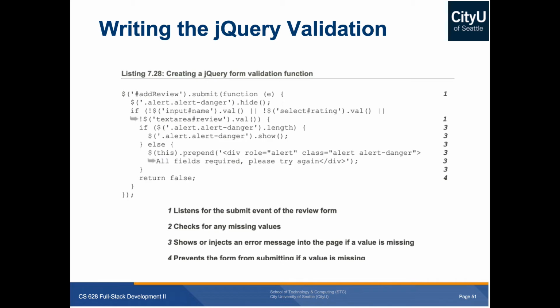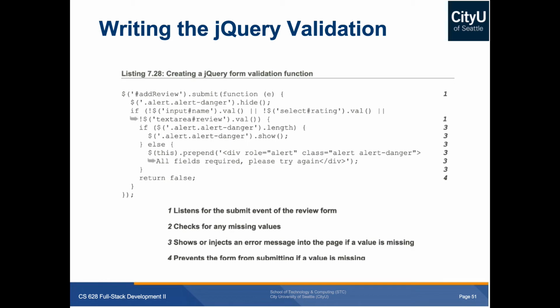But if the input name .val is null or does not exist, or the value for the rating does not exist, or the review area, meaning there was no input there in the form, then show this alert-danger, right? That is the red warning sign, and show it.